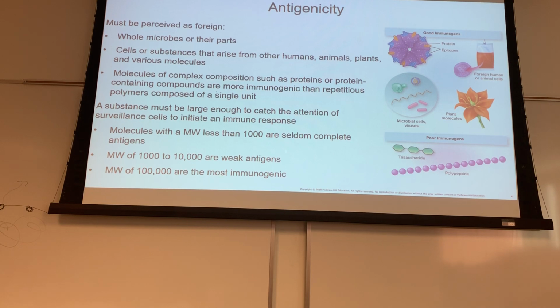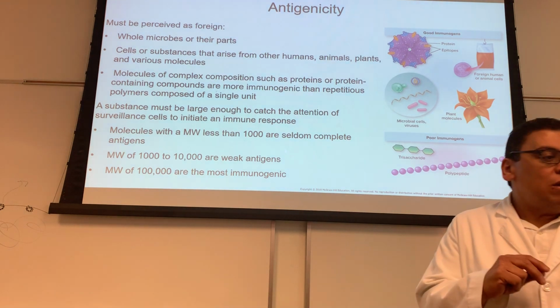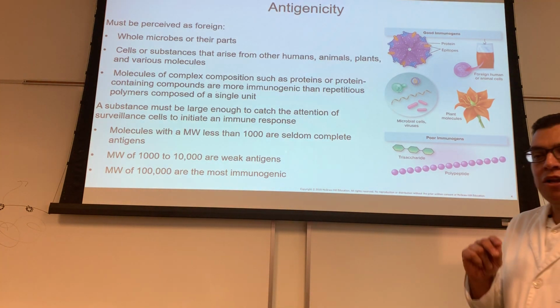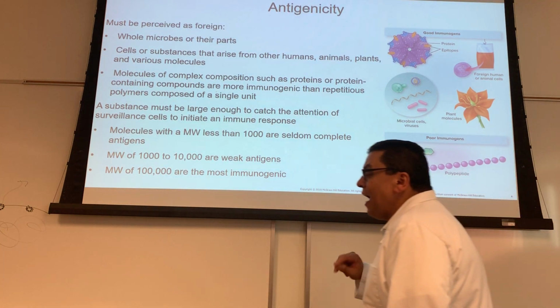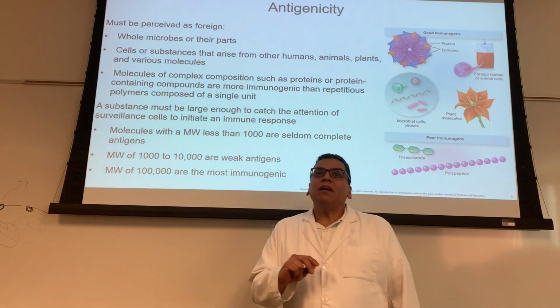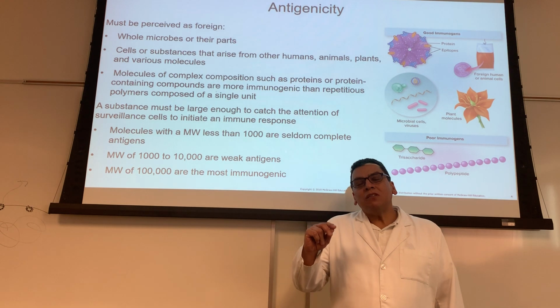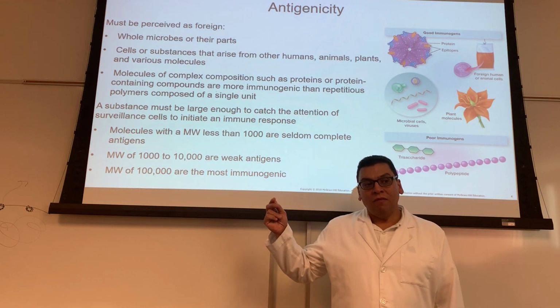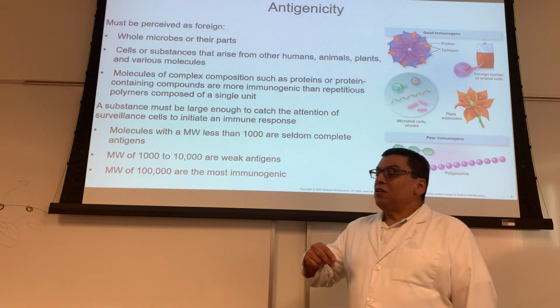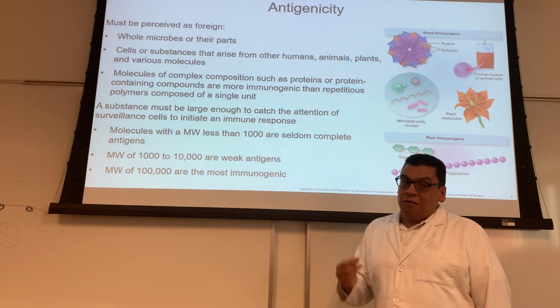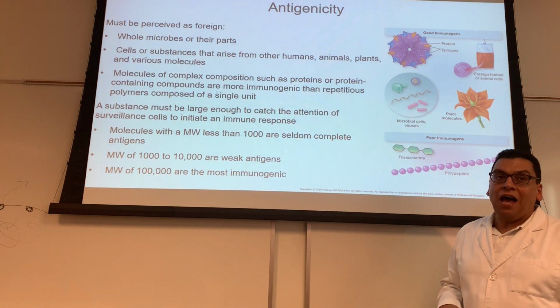Antigenicity. The antigenicity is the ability of the antigen, the foreign protein, to stimulate your immune system. See, not every antigen can stimulate your immune system, or not every antigen can stimulate your immune system to its potential. If an antigen can really stimulate your immune system, it is said to be highly antigenic.